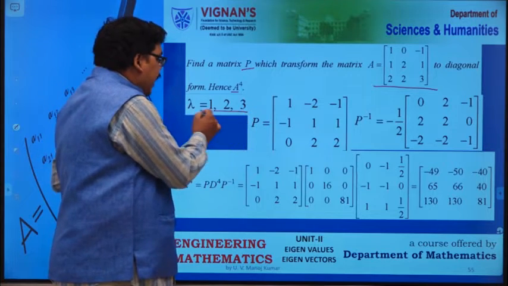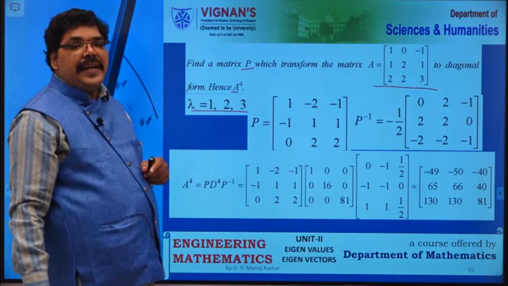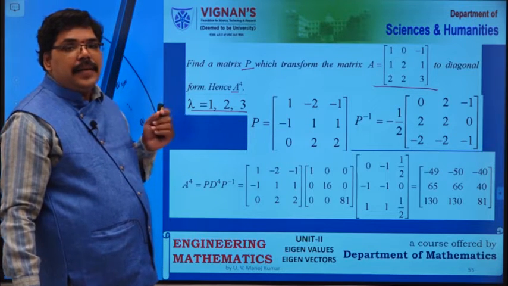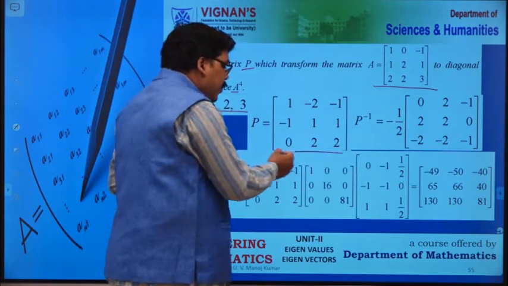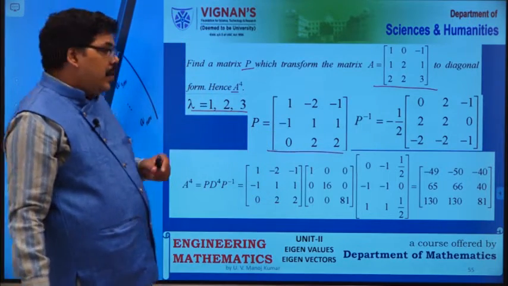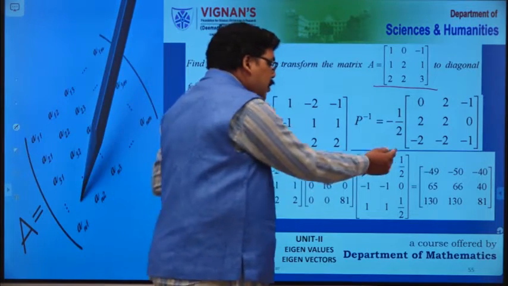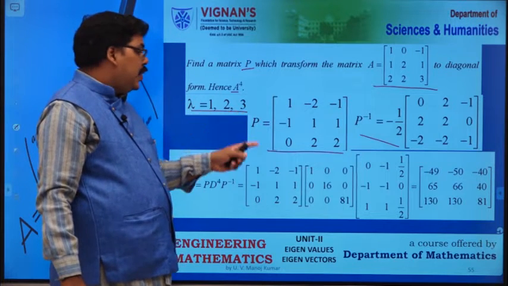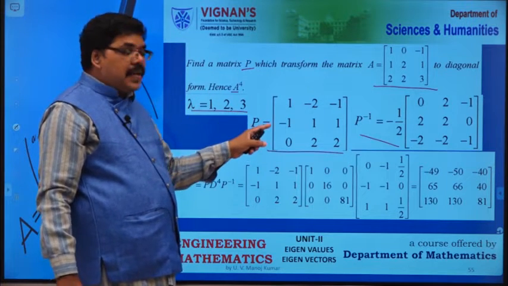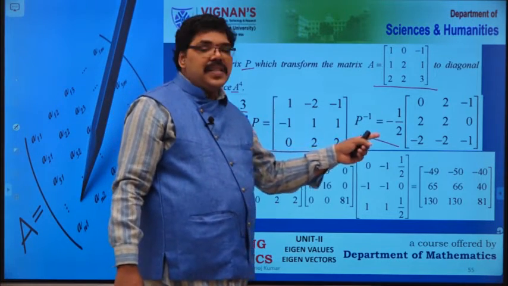For this problem the eigenvalues will be 1, 2, 3. If you find the corresponding eigenvectors and write the modal matrix P, you will get this P, and when you find its inverse, you will get this matrix.